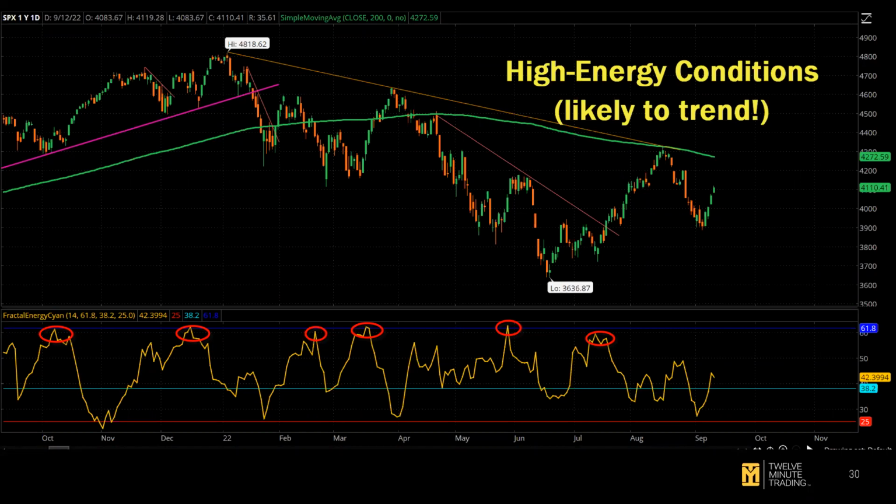You can think of this almost like a fuel gauge, full and empty. Full means that the market's been walking sideways for a period of time. Nonlinear price action is almost like winding up a spring, building potential energy until it's released as kinetic energy in the form of a trend.